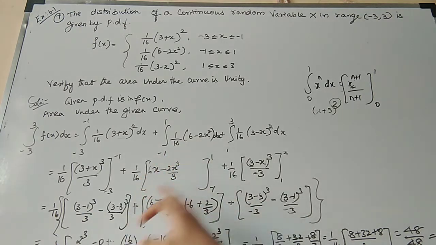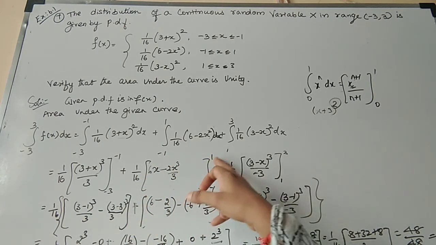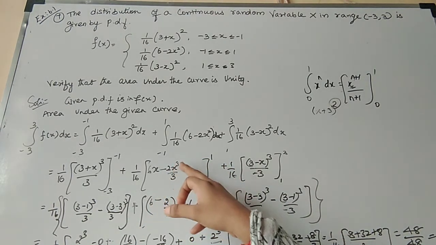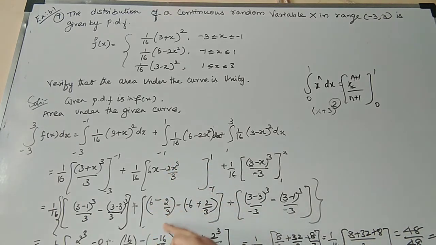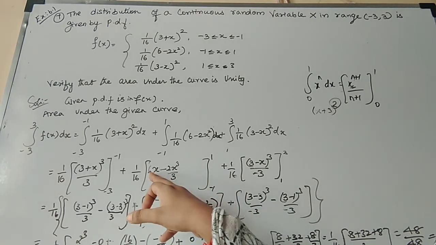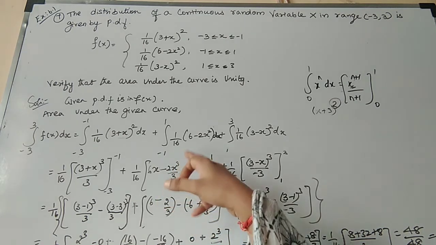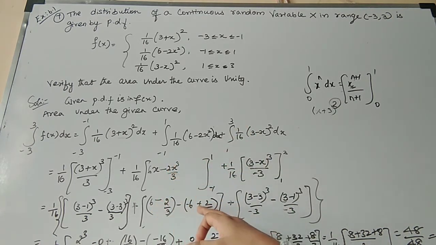And for your second f of x integration, you have 6x minus 2x cube by 3 with the limit -1 to 1. Apply the upper limit: 6 into 1 is 6, then 2x cube with x as 1, 1 cube is again 1, that is 2 by 3. So 6 minus 2 by 3. Then minus the lower limit: 6 into -1 is -6, and 2 into (-1) the whole cube is -2, so minus of -2 by 3 is plus 2 by 3.